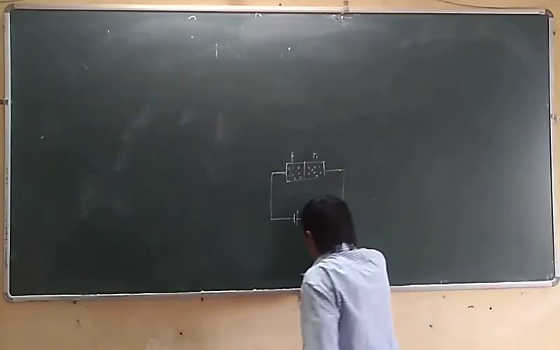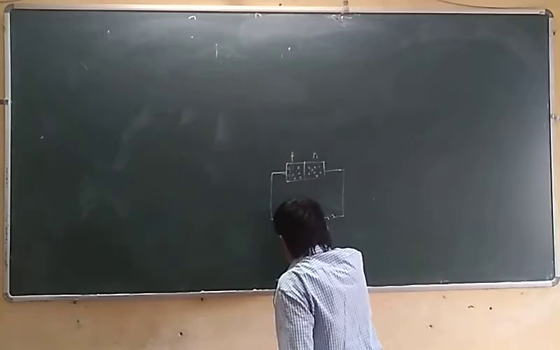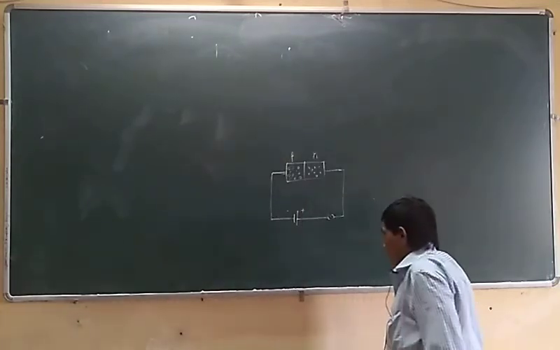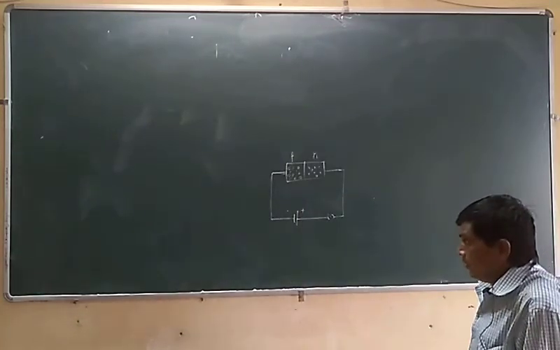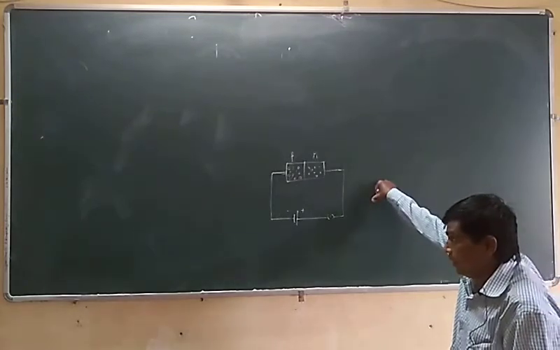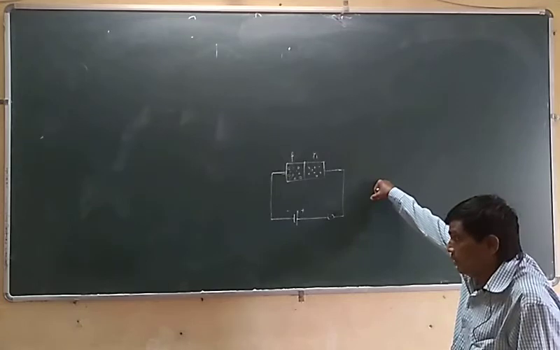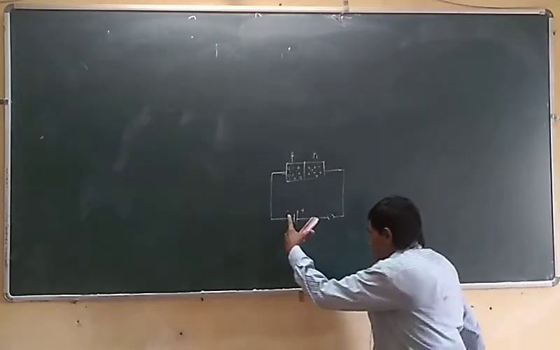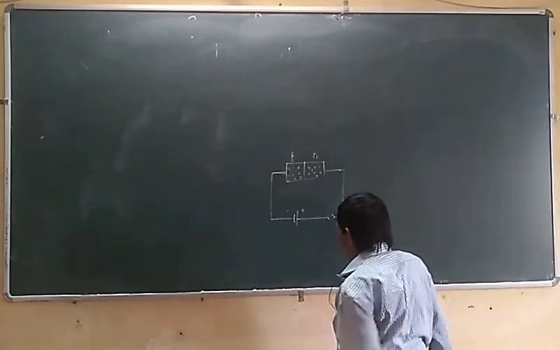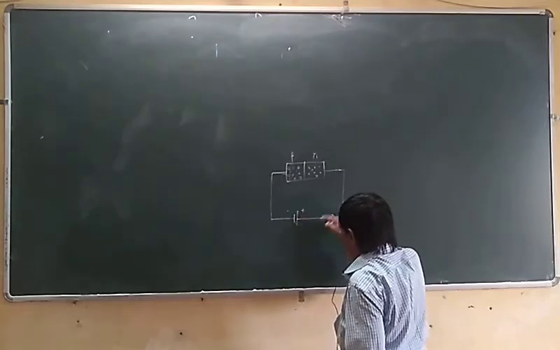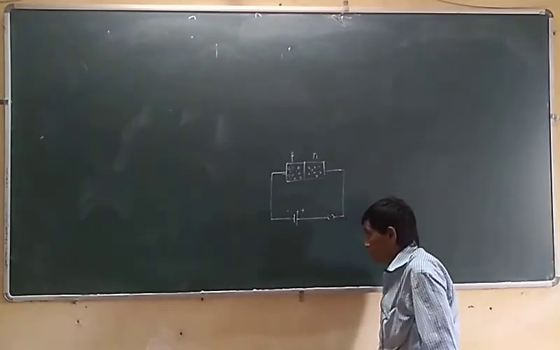So this is the positive terminal and this is the negative terminal. When we connect in this way, what happens? Then we see the negative is connected to holes and positive is connected to electrons.